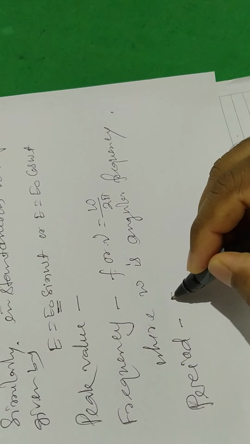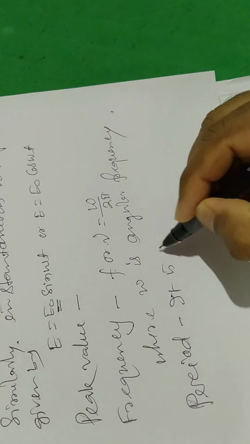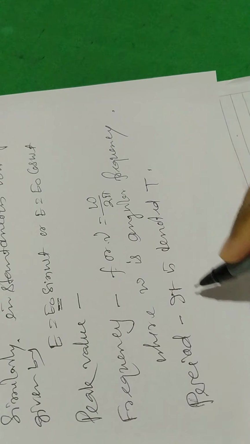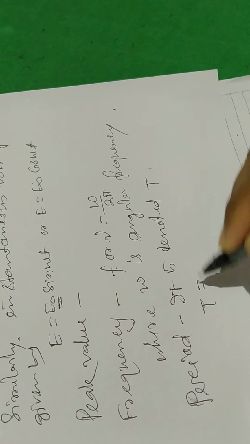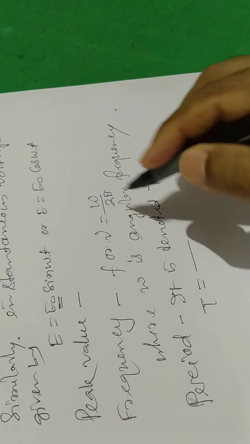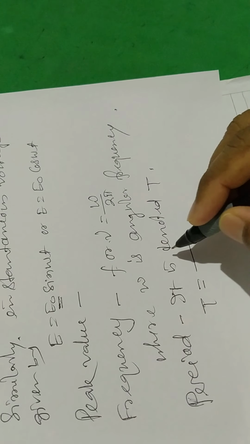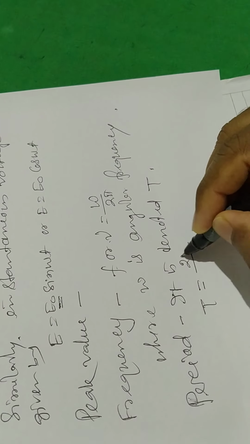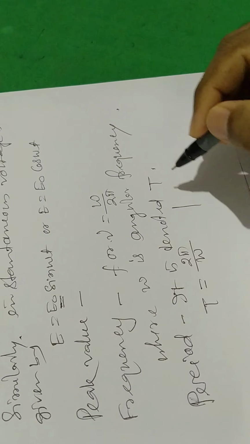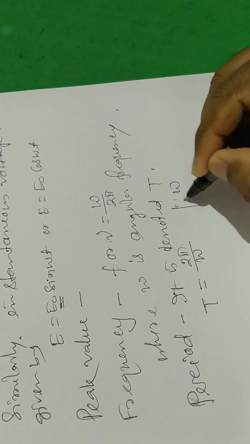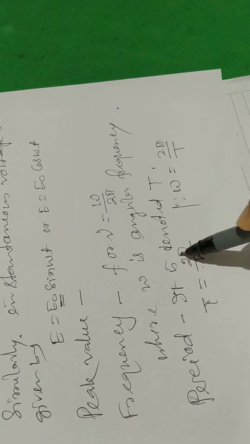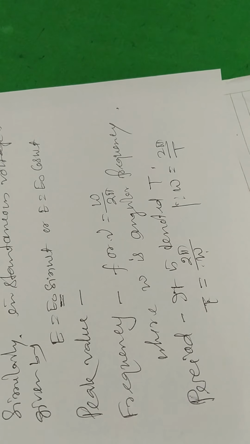It is denoted by T. Since omega is 2 pi by T, so T equal to 2 pi by omega.